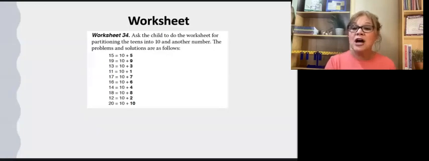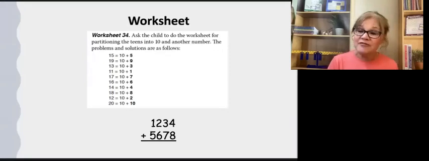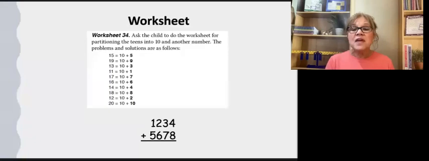You can also have your child solve problems verbally. Now, for older students solving multi-step problems, you can be a scribe for them, but they would have to dictate to you what to write. For example, if they're solving 1,234 plus 5,678, they can tell you what they're doing and what to write.